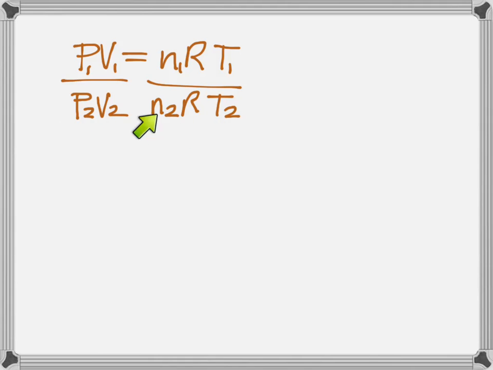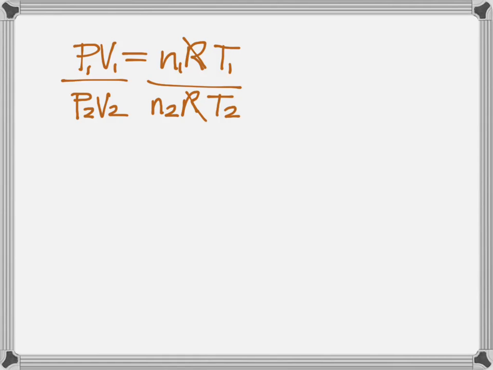This is just PIVNERT, PV equals nRT, different set of conditions, right? So these are equal. As long as I divide by things that are equal, I'm doing the same thing to both sides, and this equation is still equal. Is everybody okay with that? So what I did is I took PIVNERT and I divided it by PIVNERT with a different subscript. Now the R's are going to cancel out.